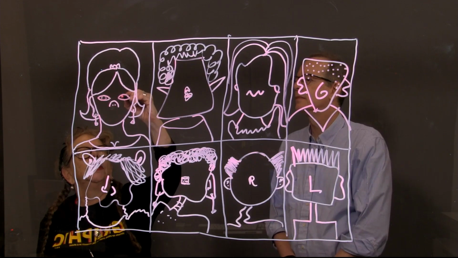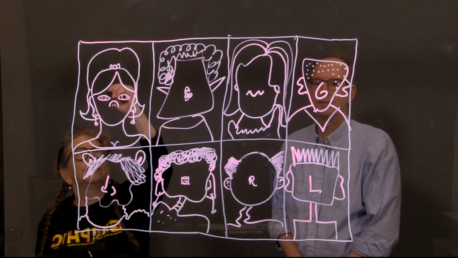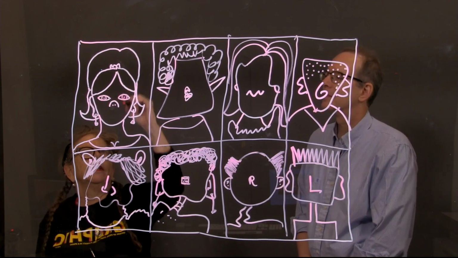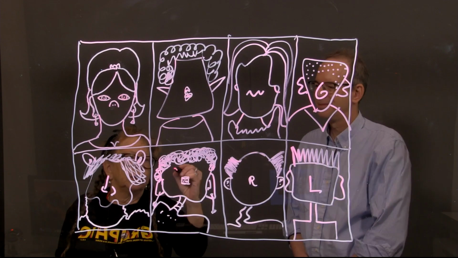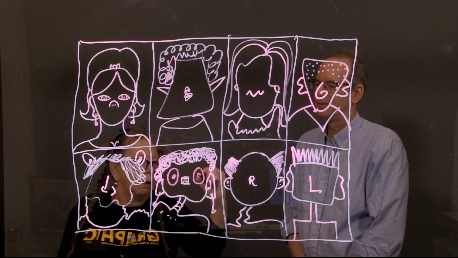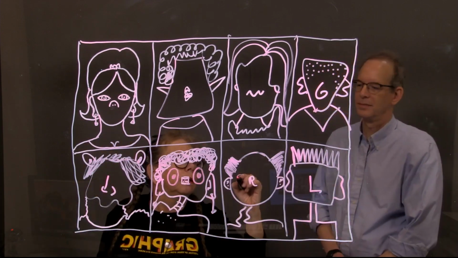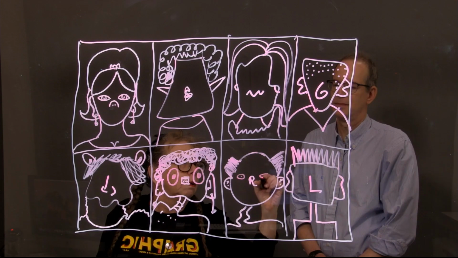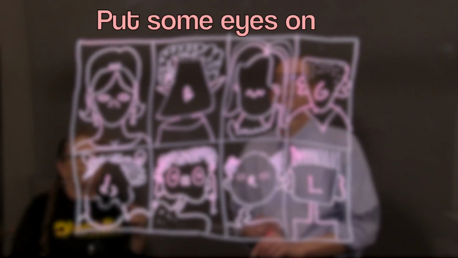So she showed me that the way you can make blue eyes is to just do a circle and then put a dot in there, and somehow that's going to read as blue eyes. All right, so that's one way for eyes. But eyes can also be this. Or they can be this. So go ahead and put some eyes on.